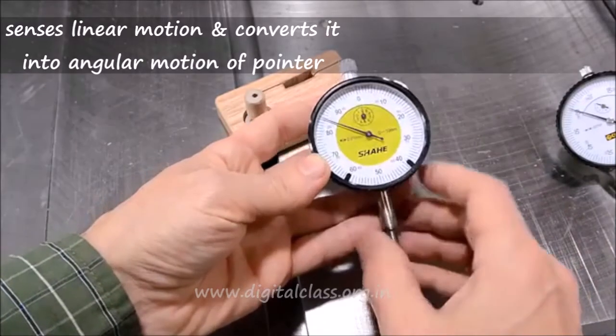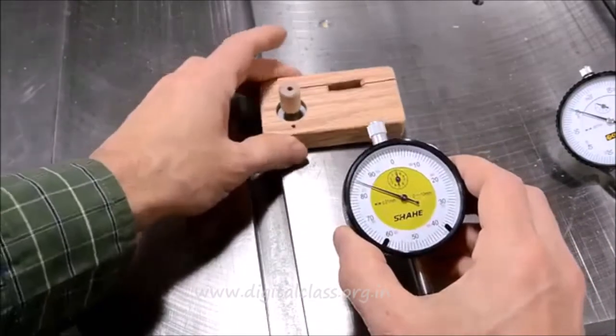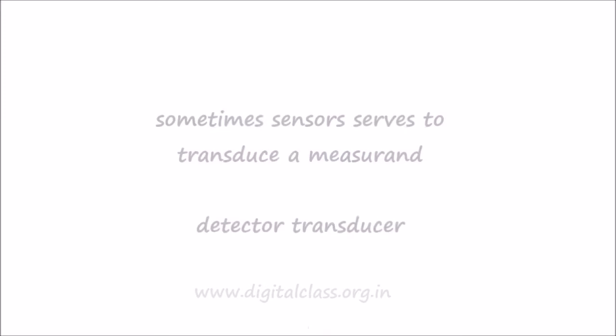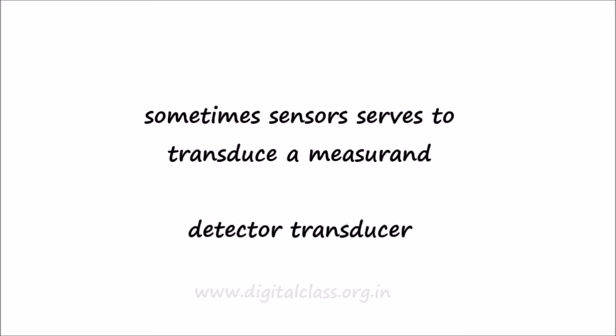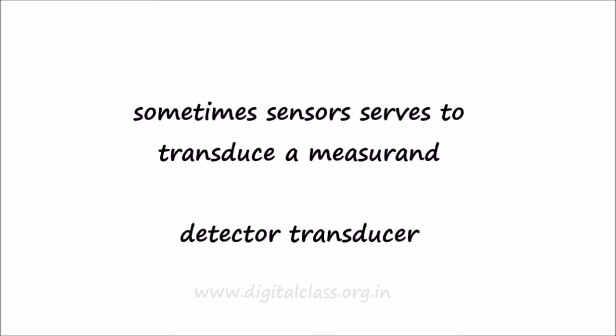Sometimes sensors may also serve to transduce a measurement, and the unit is called a detector transducer. It means sometimes a sensor has a function similar to transducers.